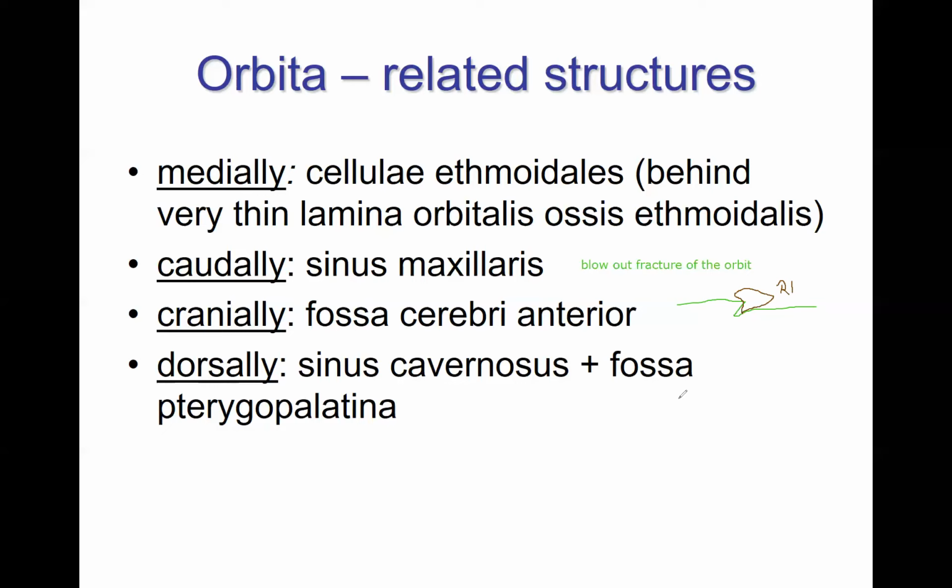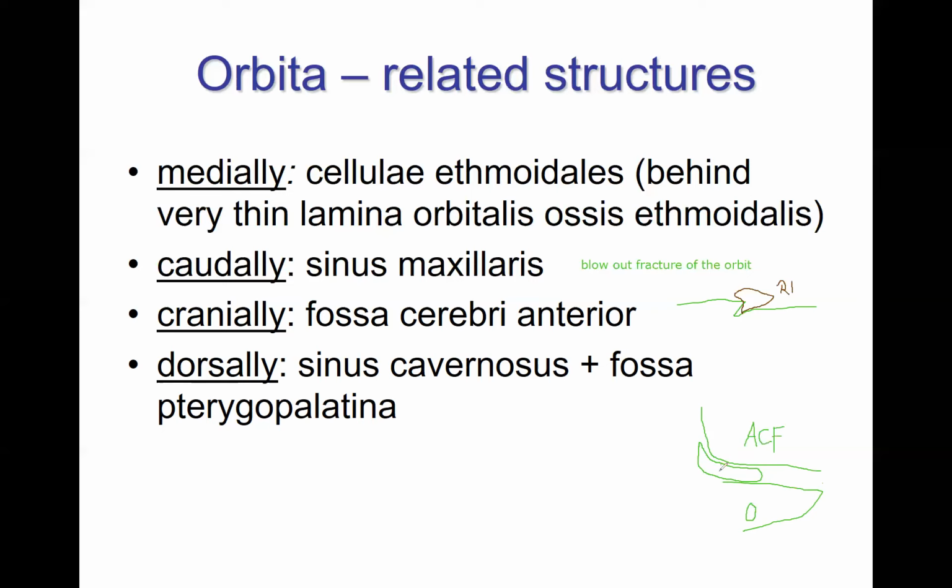The cranial wall is formed by the orbital part of the frontal bone, and above it we find the frontal lobe of the brain of the telencephalon, so the anterior cerebral fossa. But sometimes between that, if this is the frontal bone and here is the orbit, usually in the anterior part, there can be the frontal sinus. So the frontal sinus can stretch dorsally between the roof of the orbit and the floor of the anterior cranial fossa.